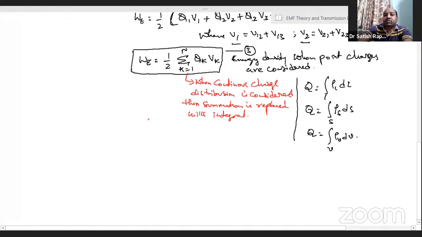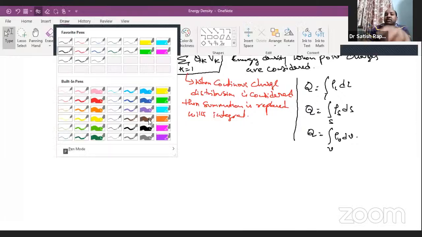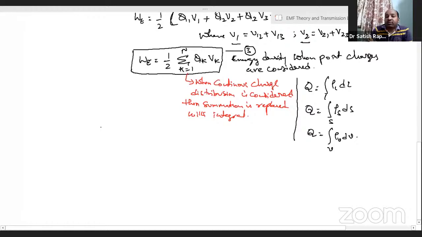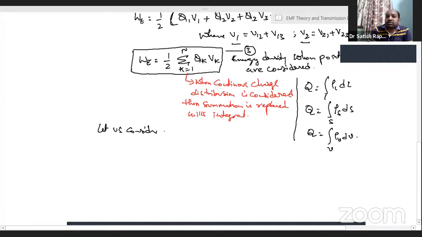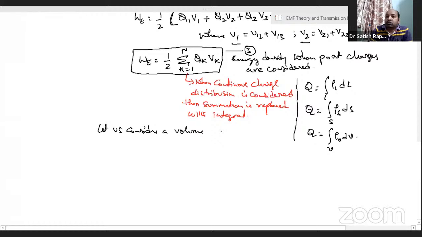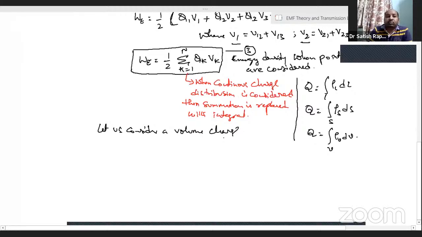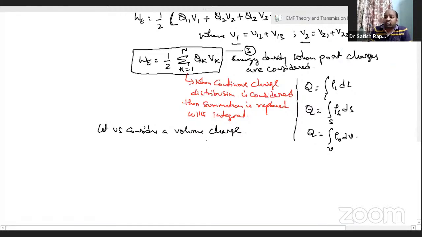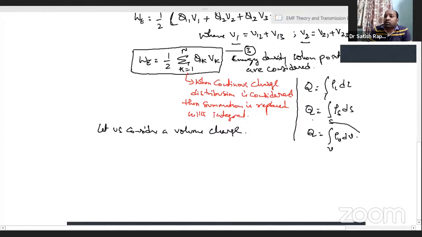For example, I will consider a volume charge instead of line charge or surface charge. Let us consider a volume charge, right? For a volume charge, we know what Q is.